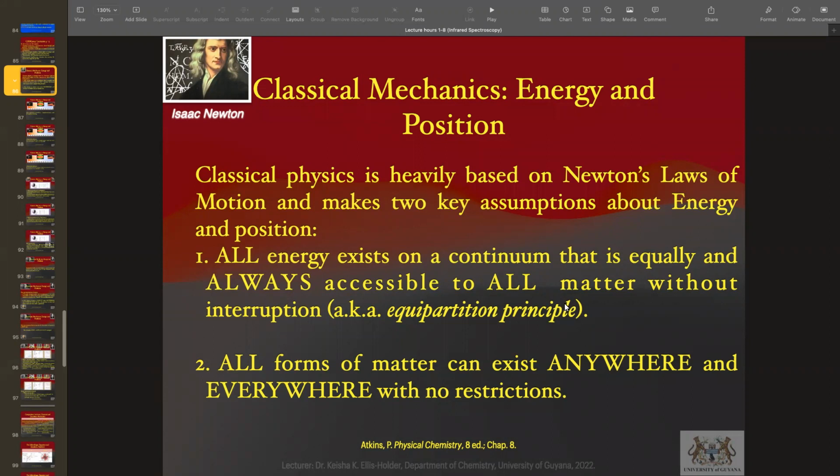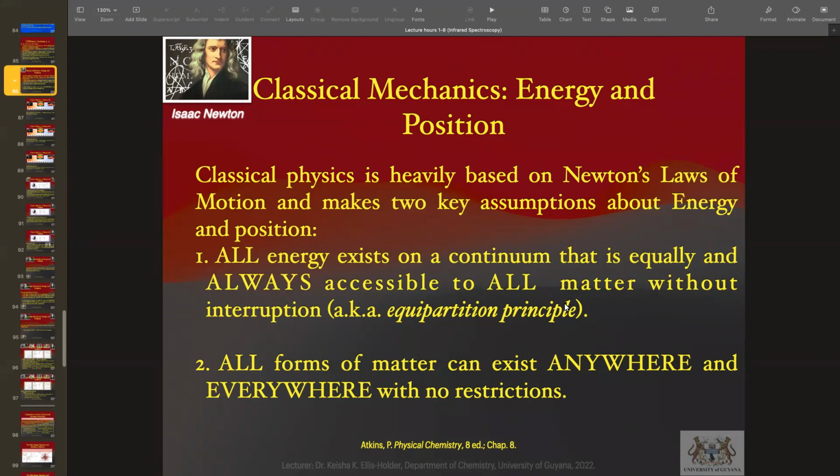This was one of the principles that undergirded what is called the equipartition principle, which means basically that energy is accessible to all matter at all times without interruption, continuous in its interaction or exposure. Of course, now we know that that's not the case, but that was the underlying assumption that classical physics was based on in that time.